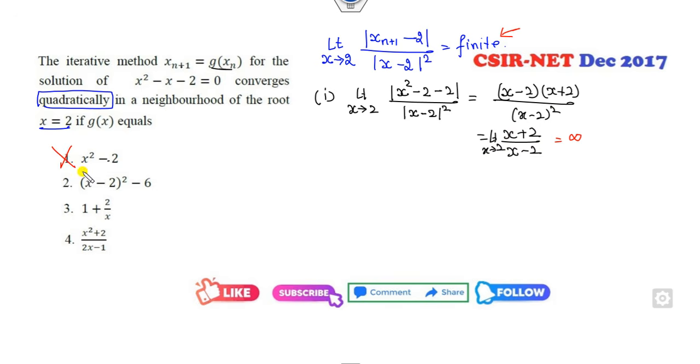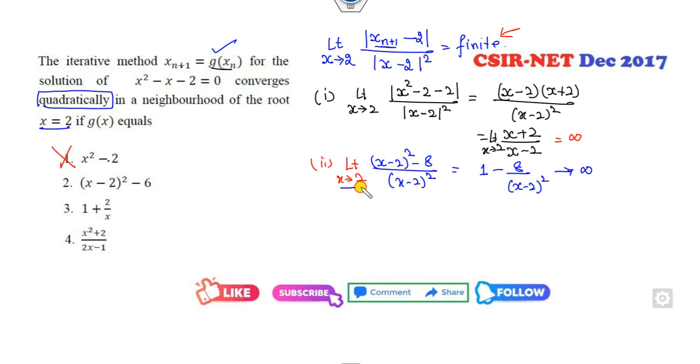This option is cancelled. Look at the second option. Limit x approaches 2. If I take xn plus 1 as this number, then it is x minus 2 square minus 6 minus 2, which is minus 8, divided by x minus 2 whole square. So it will be 1 minus 8 over x minus 2. So clearly it goes to infinity as x approaches 2. This option is also cancelled.